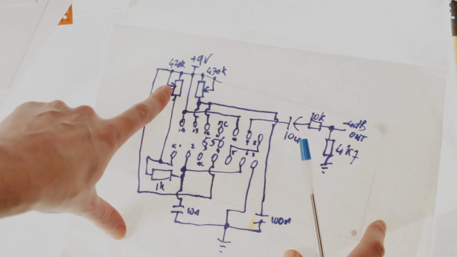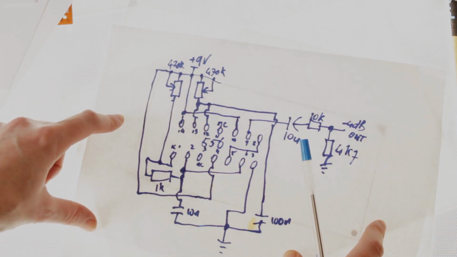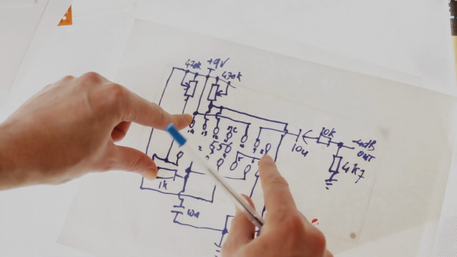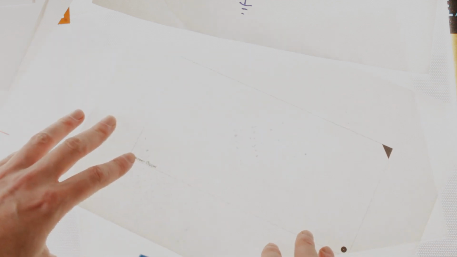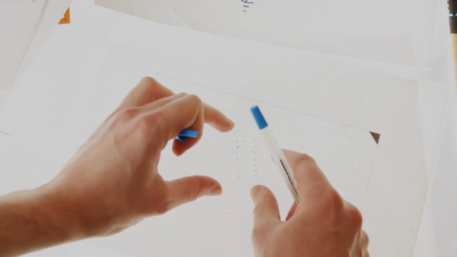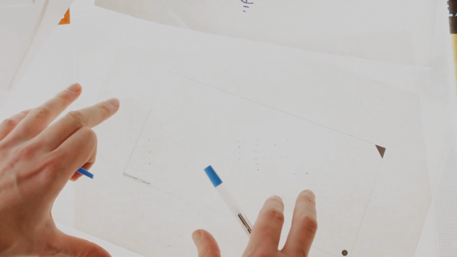So it would make sense if I want to have one on the left side of the circuit board, and the other one on the right side of the circuit board, to orient this chip so that it's pretty much facing towards where that potentiometer is going to go. But now obviously I'm not bound by having to put the chip on that center or straight. I can just give it a bit of an angle, and that's what I will do. I think I want to have it something like this.